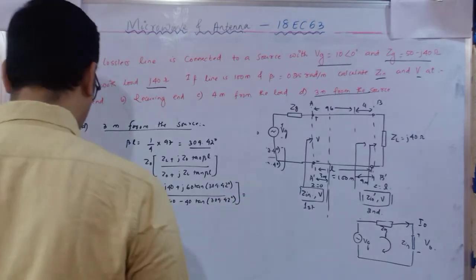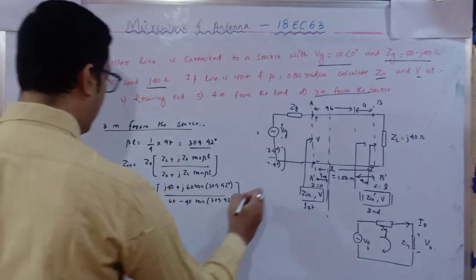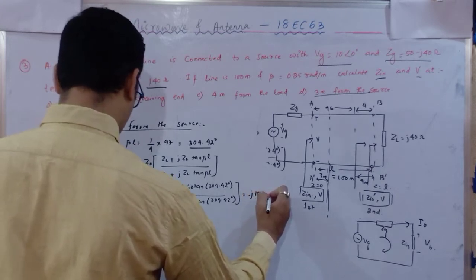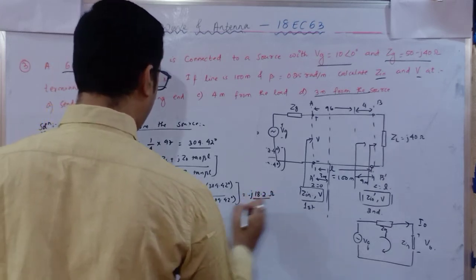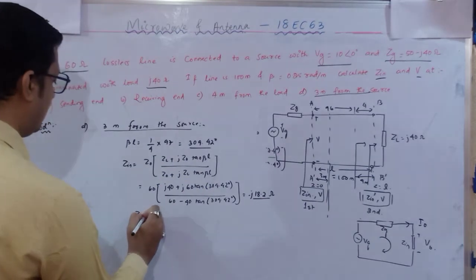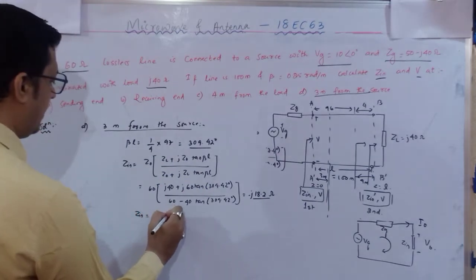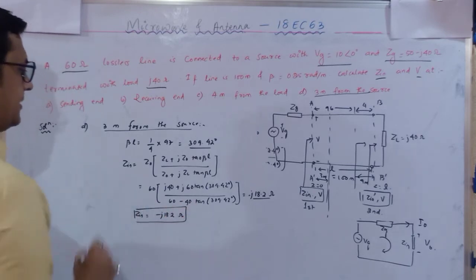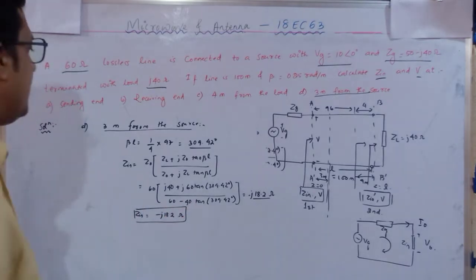Now if you solve this, you are going to get an input impedance of minus j18.2 ohm. So this is your input impedance, minus j18.2 ohm.